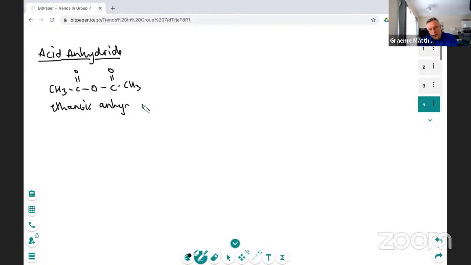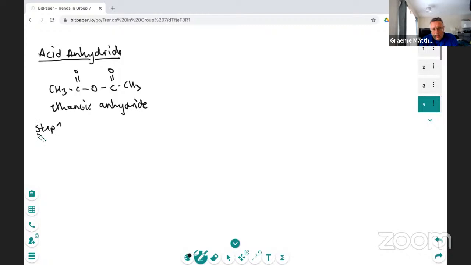So the very first thing I need to do is generate the electrophile from the anhydride. Well, step 1, same three steps, chemists.